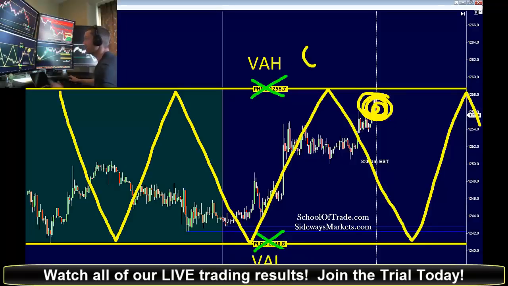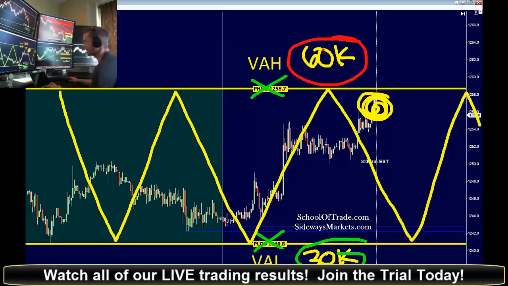Think about the value area high as a $60,000 price tag on a brand new BMW. The value area low, that's a $30,000 price tag on that same BMW. I'm going to sell a ton of them at $30K. Probably not going to sell many at all at $60K. But the bottom line is that that's what defines the value area bracket.